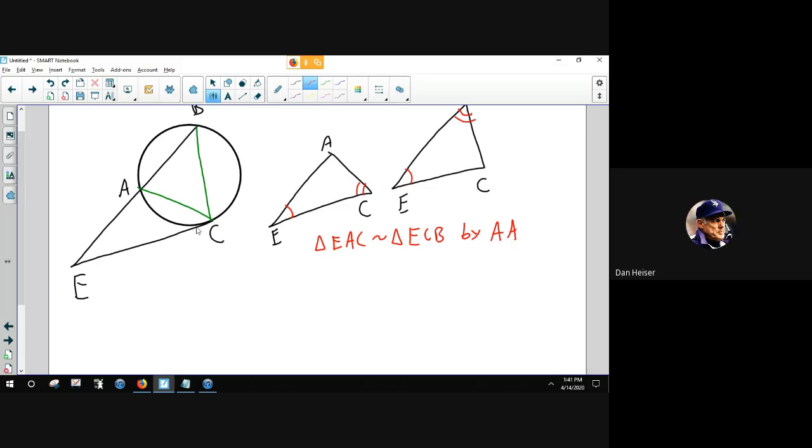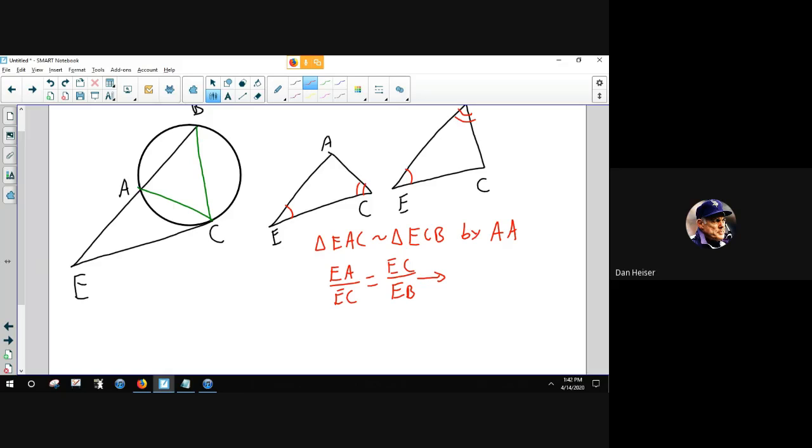I have technically an outside part, EC. So I can make a ratio out of those. Now I know my inside parts are not part of these triangles, so I look at the whole thing. EB is the whole thing. EC is also the whole thing. So I get EC over EB.